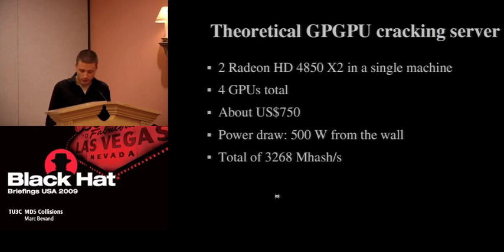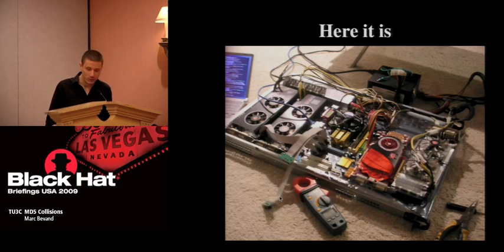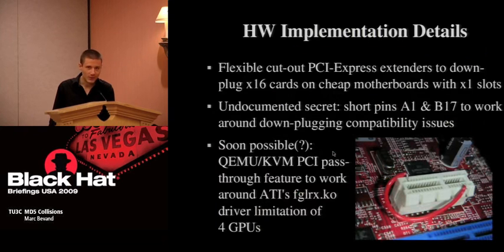So I built that server as an experiment to see if it was feasible. I am a cheap guy, so I actually didn't use a motherboard with 2 PCI Express X16 slots, but instead I used these flexible PCI Express adapters, to allow me to put the cards in PCI Express X1 slots. There were numerous issues I had to work around to make this work, but basically some motherboards allow you to put X16 cards into X1 slots.